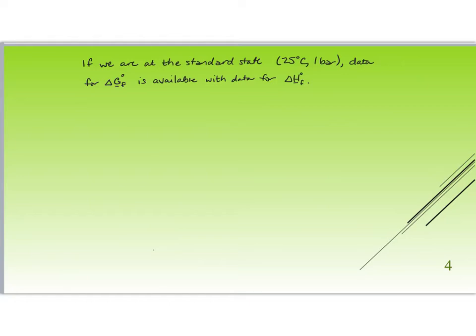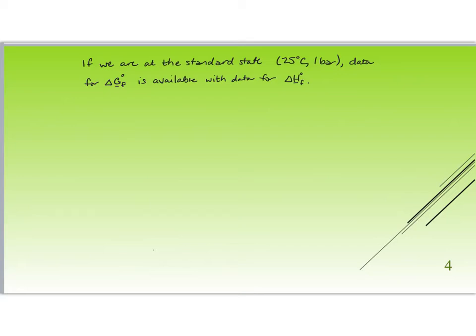And again, for this, we need to go back to our concept of standard state data. So the standard state is at 25 degrees C and 1 bar, and it says that we will have an enthalpy and a Gibbs energy of 0 for an elemental form in its simplest naturally occurring state.